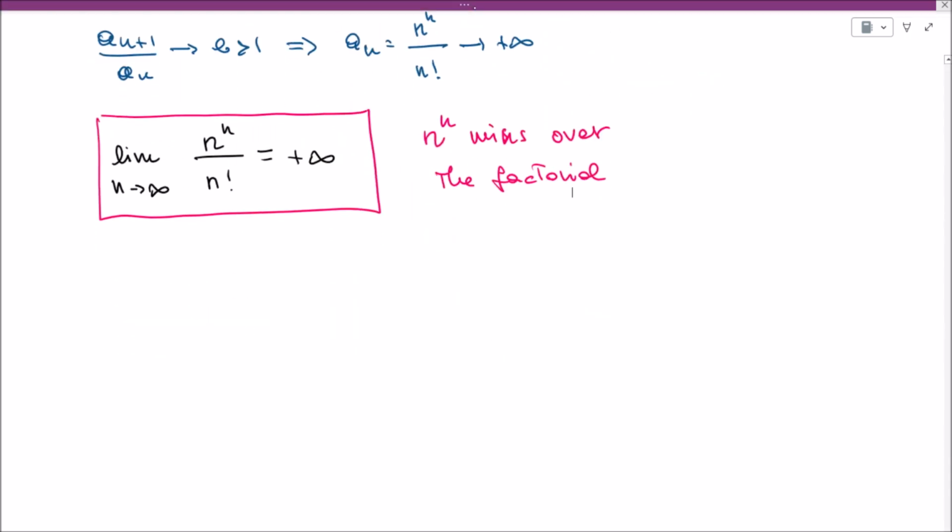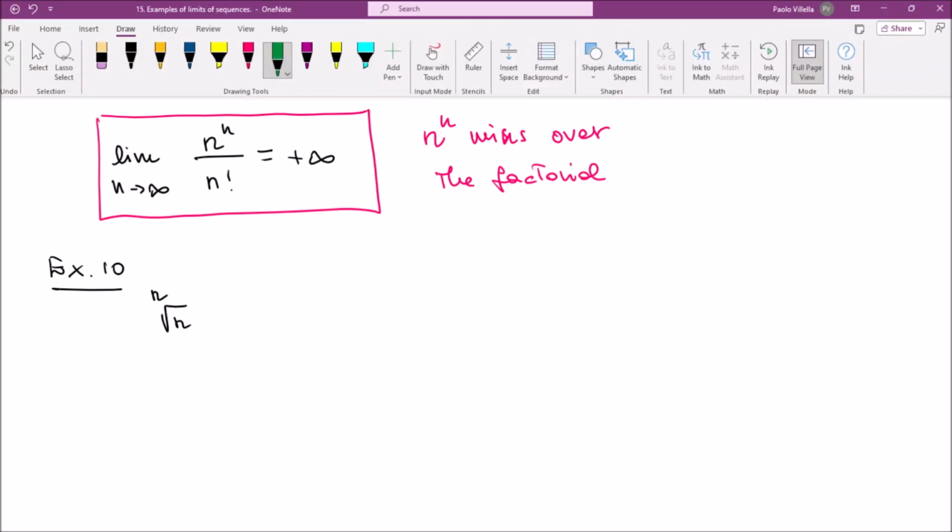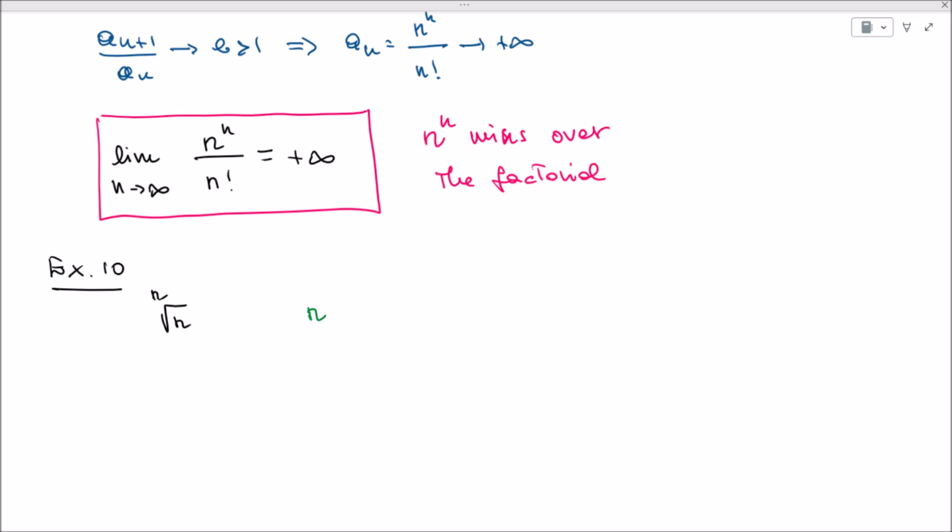Let's consider now another example. Example 10. And the sequence that we would like to consider now is the nth root of n. And we would like to see what is the limit as n goes to infinity. Now, the first approach we could think of, let's see if we can see what the limit is by just rewriting this in form of a power.